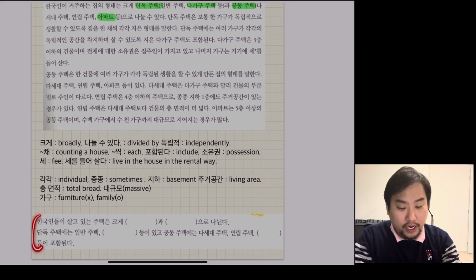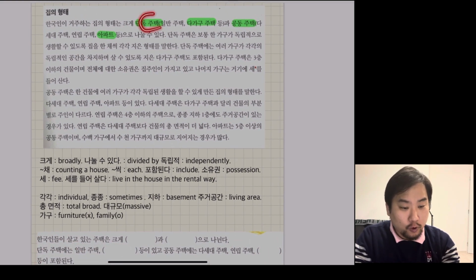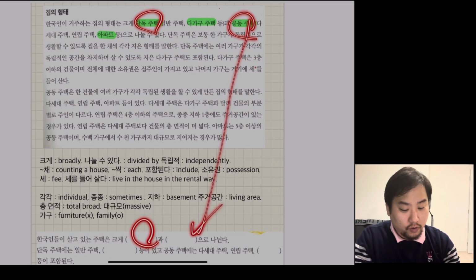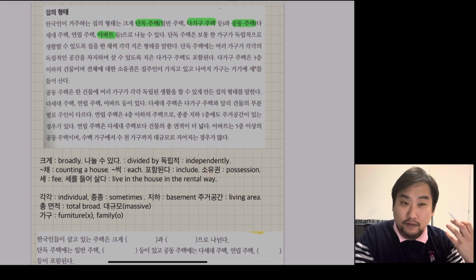So key point here, 한국인들이 살고 있는 주택은 크게 generally 단독주택과 공동주택으로 나뉜다. So in the 단독주택에는 다가구 주택 is a representative and 공동주택 is apartment is representative examples.